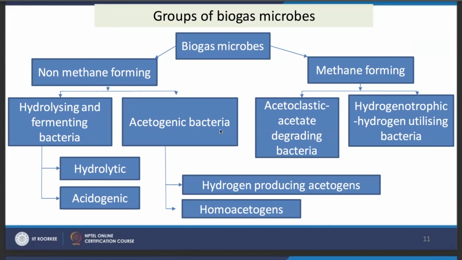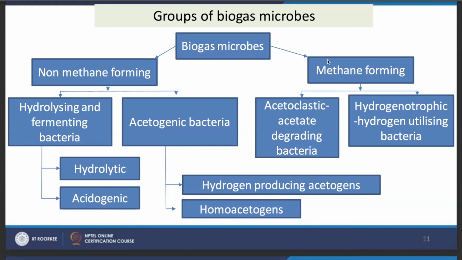Next is the acetogenic bacteria, right? Hydrolyzing and fermentative bacteria perform hydrolysis, and they are also acidogenic, that is, acid producing bacteria. Acetogenic bacteria produce hydrogen from acetic acid or compounds which generate acetic acid. Next is the homoacetogen. We will discuss what homoacetogens are in the coming slides.